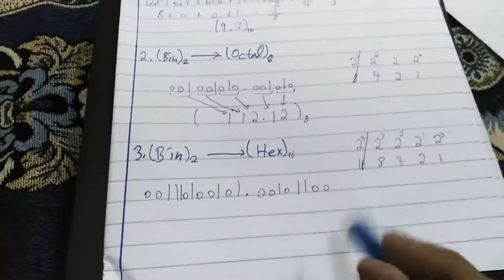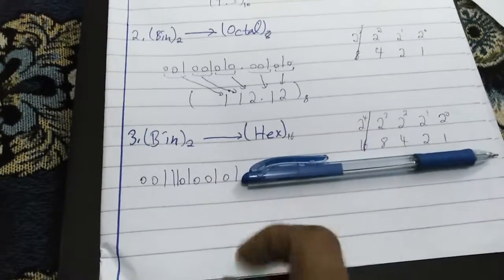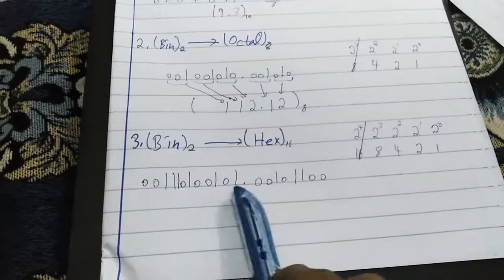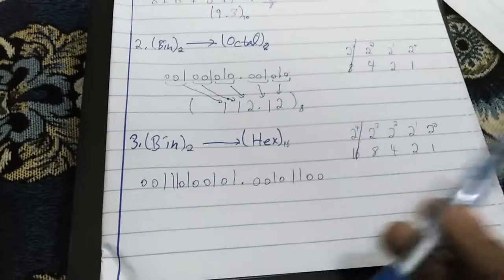Now if we see, it's simply a binary number, but we have to convert it to the decimal number system, binary with a point to decimal. It's very simple.